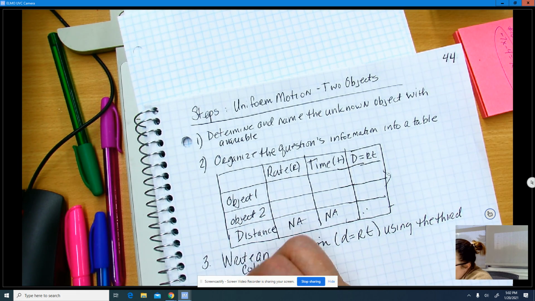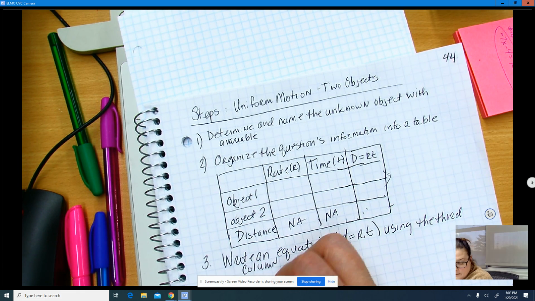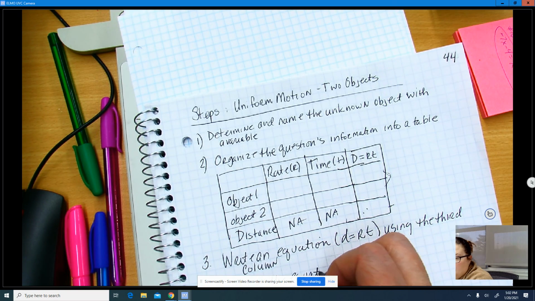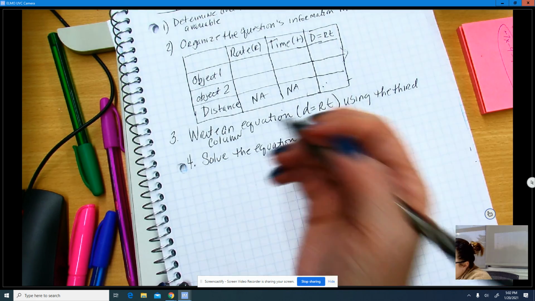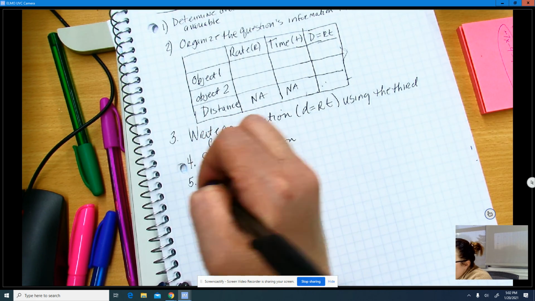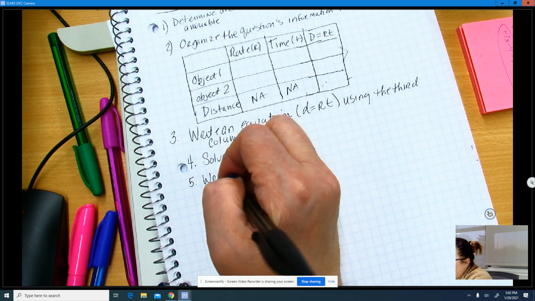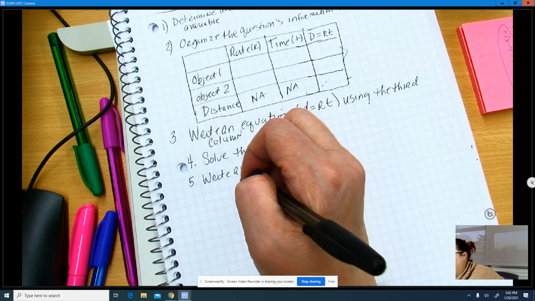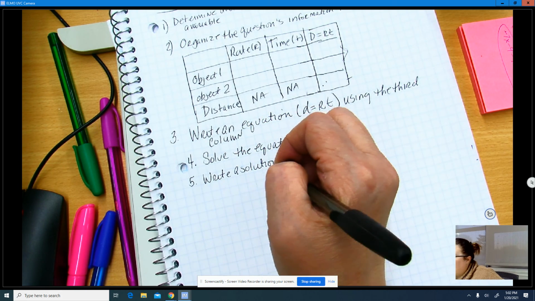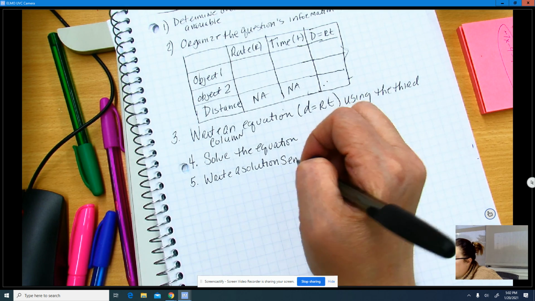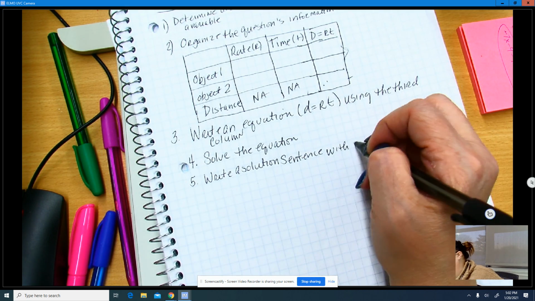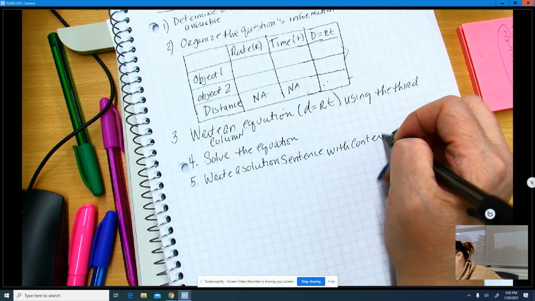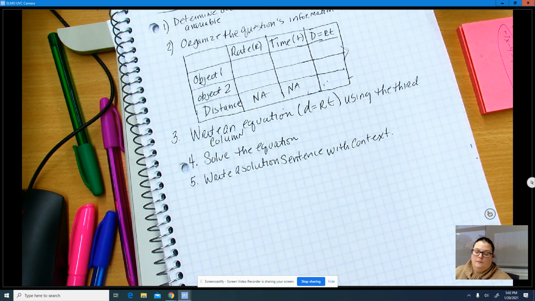Step 4, solve the equation. And step 5, write your solution sentence. And as always, that solution sentence needs context.